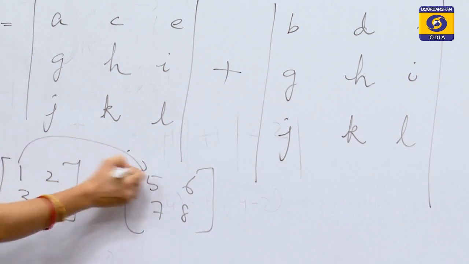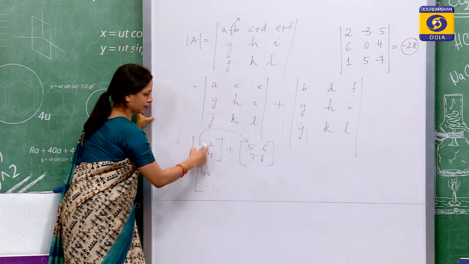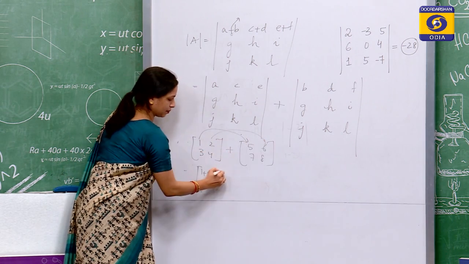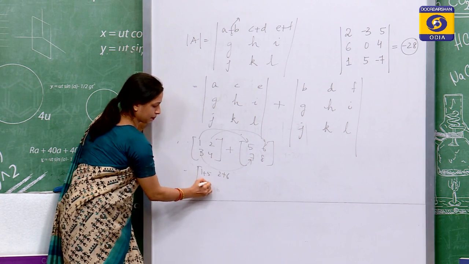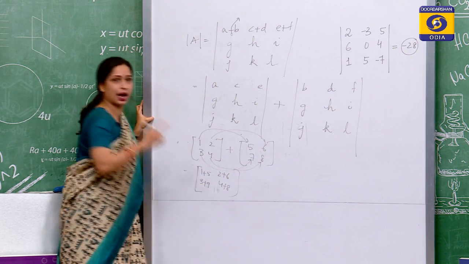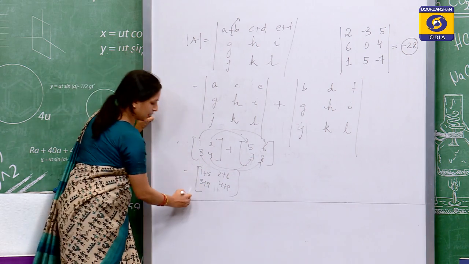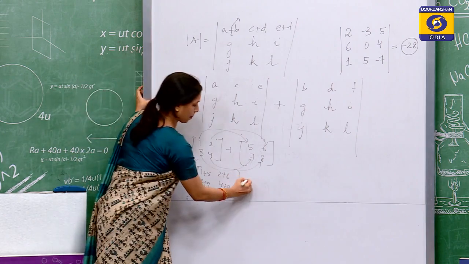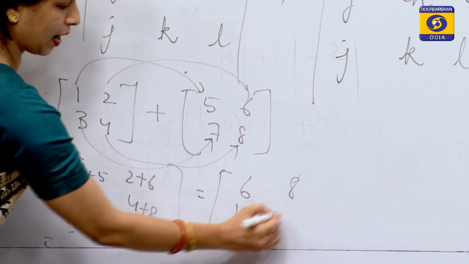We add the corresponding elements like this, like 1 plus 5, 2 plus 6, 3 plus 7 and 4 plus 8. This is how we add in matrices. We add the corresponding elements with the other matrix, right, and the resultant is 6, 8, 10 and 12.